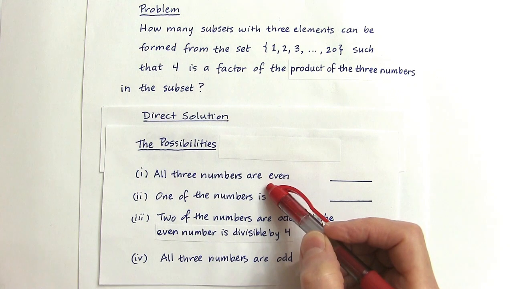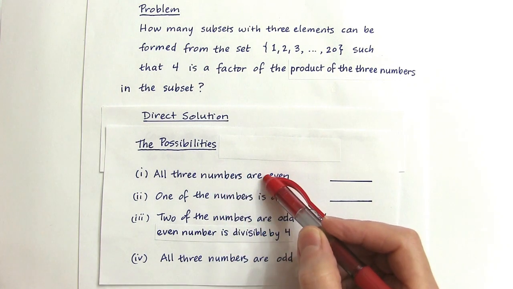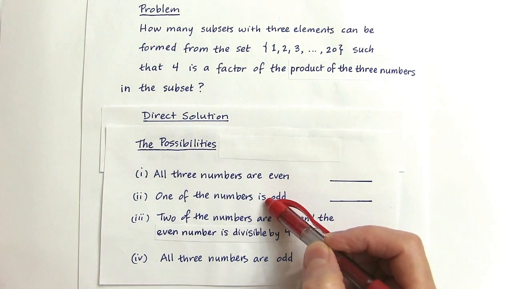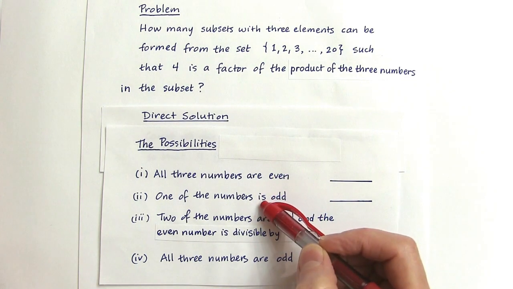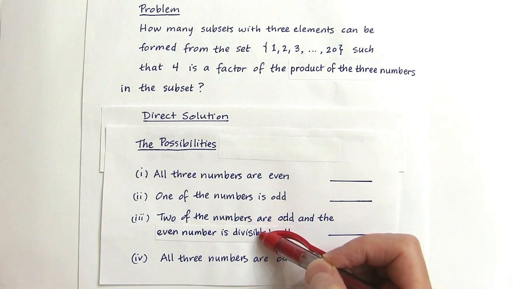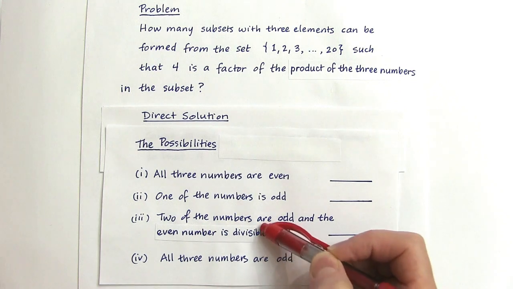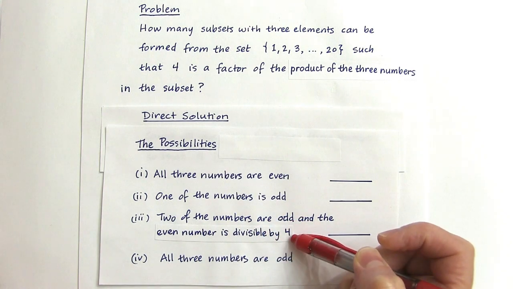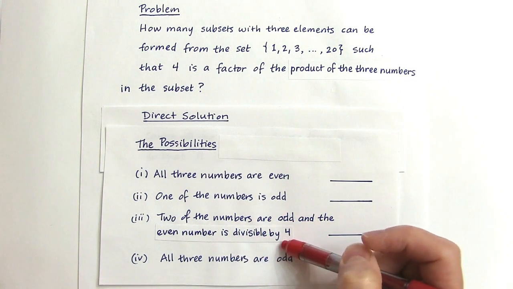In that case, 4 is a factor of the product of those 3 numbers. Or, 2 of the numbers could be even and one of them is odd. In that case, 4 is a factor of the product. Or, one of the numbers could be even and 2 of the numbers could be odd. But if we want 4 to be a factor of that product, the even number would need to be divisible by 4.